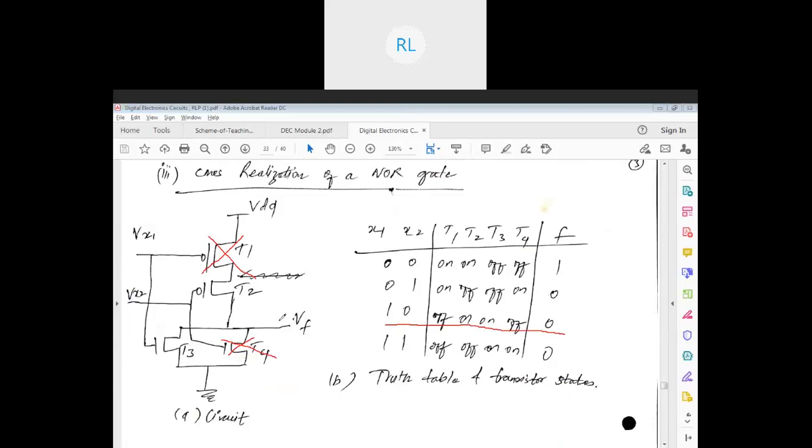T3 is on and T4 is off. So I will need to mark this, and T1 is off, so this transistor doesn't work. So I have only T2 and T3 working. Now since T2 is working and T1 is broken, do you think there is a connection between VDD and output? Students respond. Is there a connection?